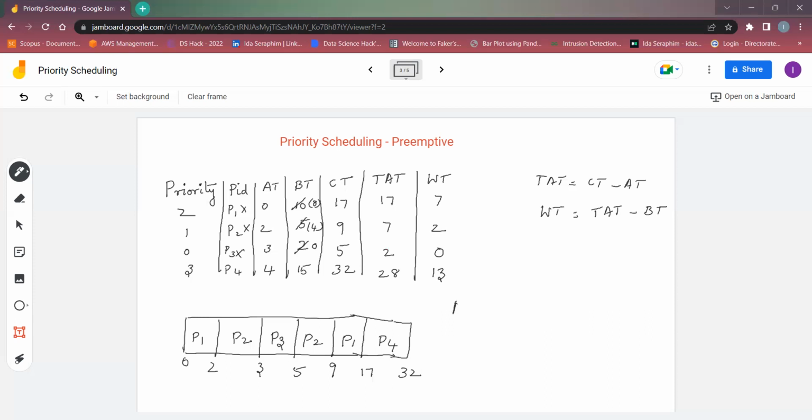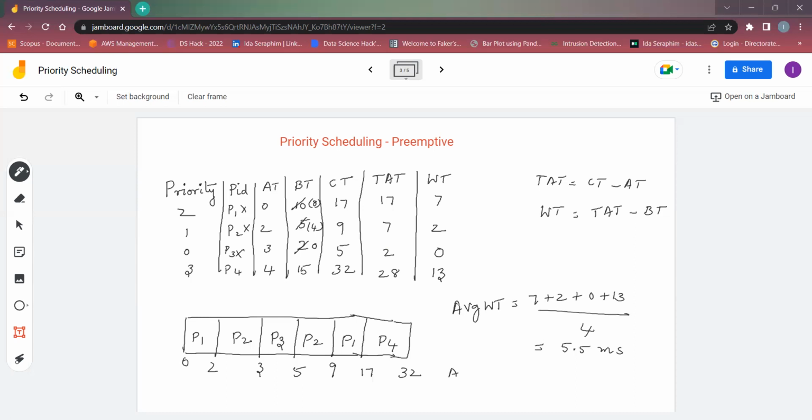The next thing to find out is the average waiting time. You add all four and divide by the total number of processes: 7 plus 2 plus 0 plus 13 divided by 4, which is 5.5 milliseconds.